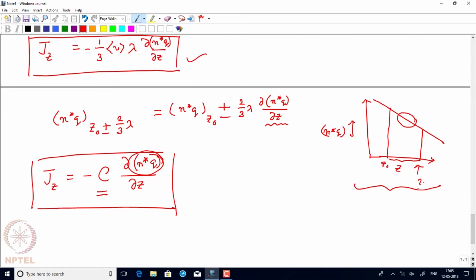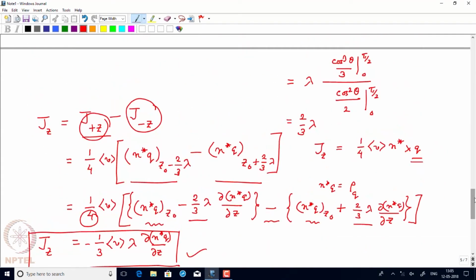If it varies linearly, then we can just use a linear equation, and we inserted that and showed that the flux can be directly connected to the gradient of that quantity times the mean free path times the average velocity.